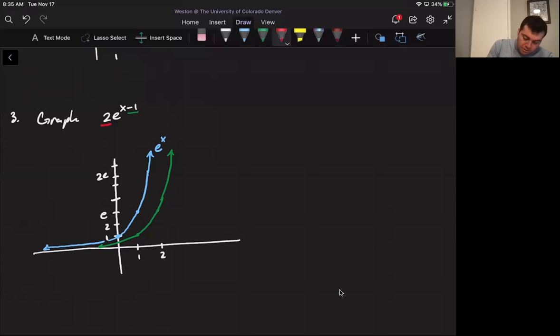We'll have 1 goes to 2. Instead of 2 going to e, it's going to go to 2e. And so now our graph will look something like this. And there we go. So that's how you graph these exponentials.